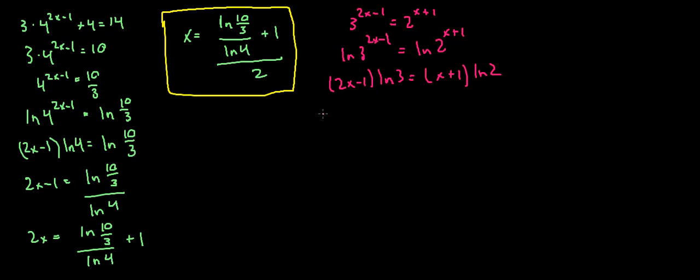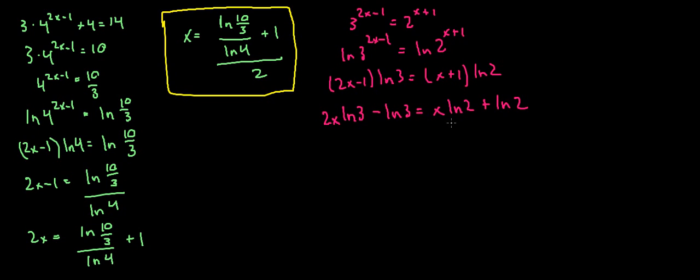So this will be equal to 2x natural log of 3 minus the natural log of 3 is equal to x times the natural log of 2 plus the natural log of 2.